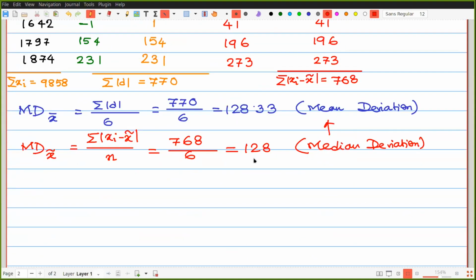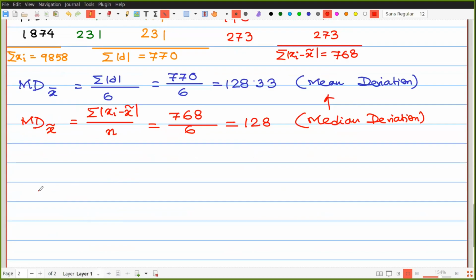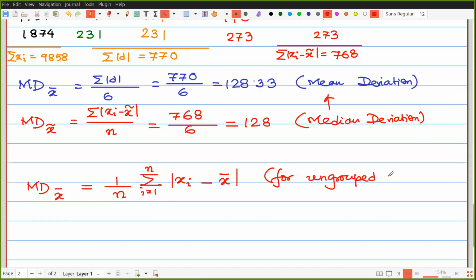Now, what is the formula? For the mean deviation about x bar, it is written as 1 by n, summation i equal to 1 to n, modulus of xi minus x bar. That is for ungrouped data, and that is what we have already done. Here x bar is the mean.